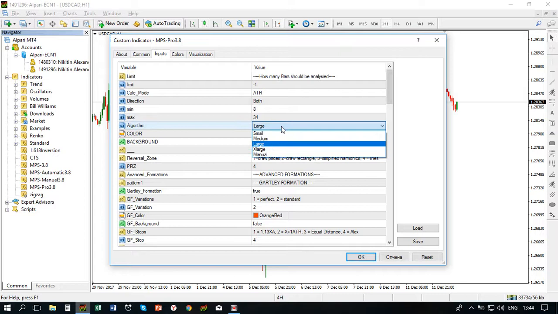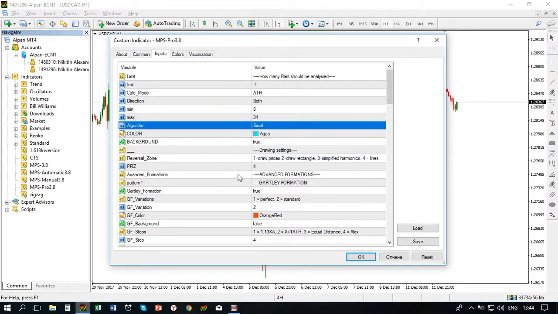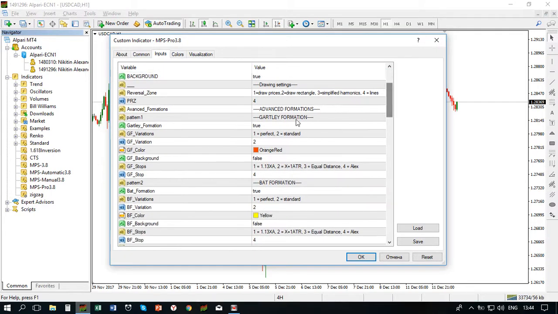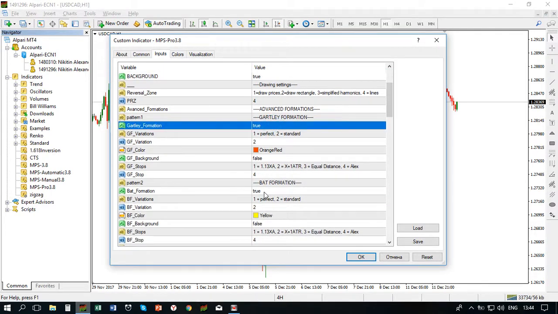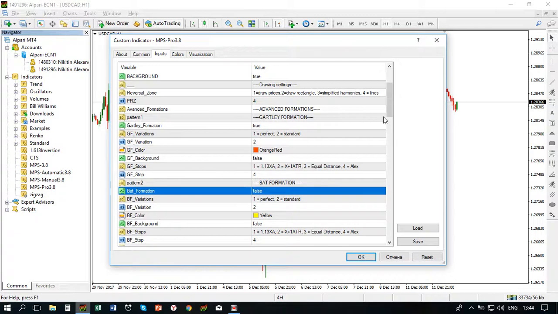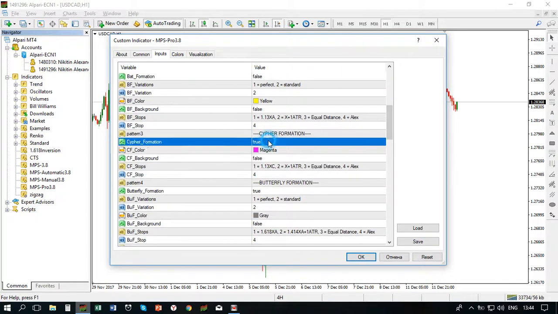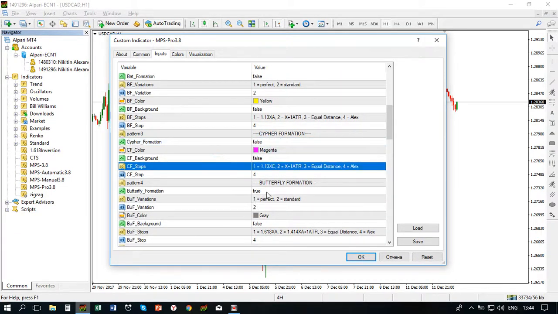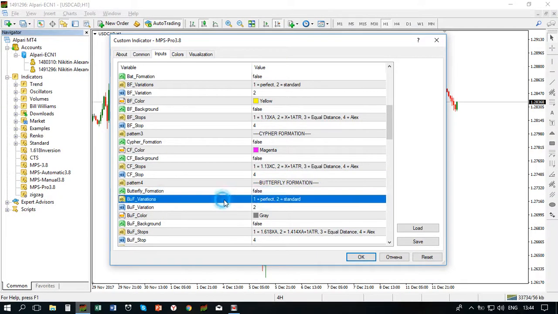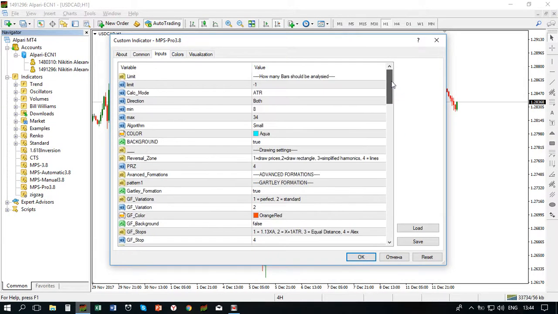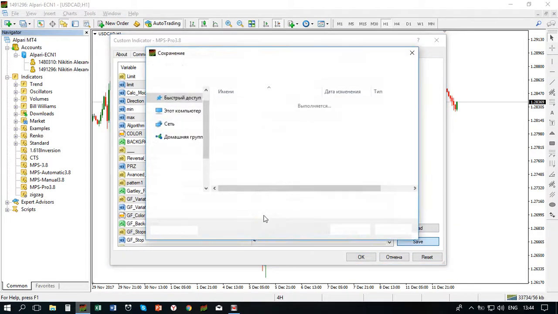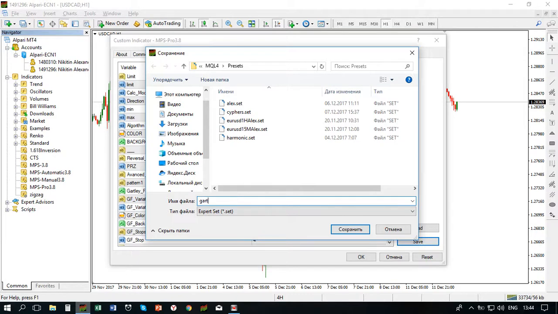I set the swing identification algorithm, let it be small. And I set the pattern that I'm looking at. It is a Gartley. I don't want any bats, I don't want any other pattern ciphers, I don't want any butterflies. False, false, false, false.